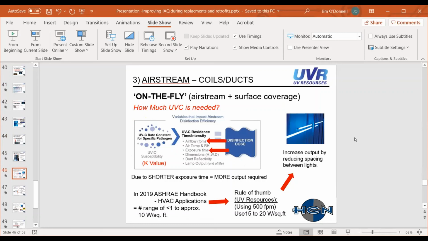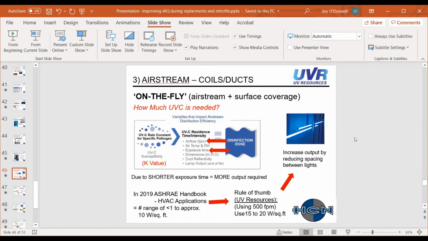There are two values that I didn't clarify. In the ASHRAE standard, they're referring to the watts per square foot that should be on the surface to disinfect the virus. The numbers that I'm talking about are the output of the actual UVC light.